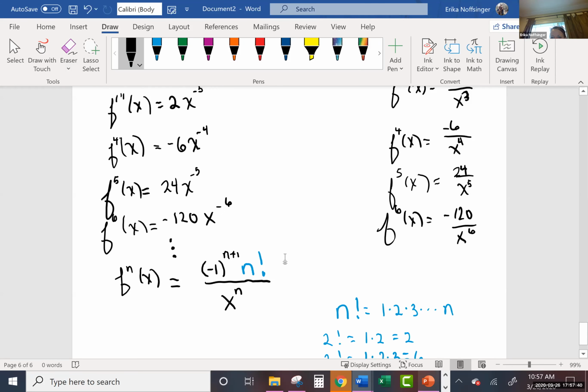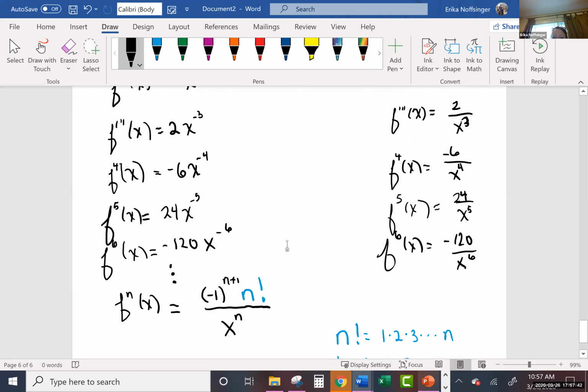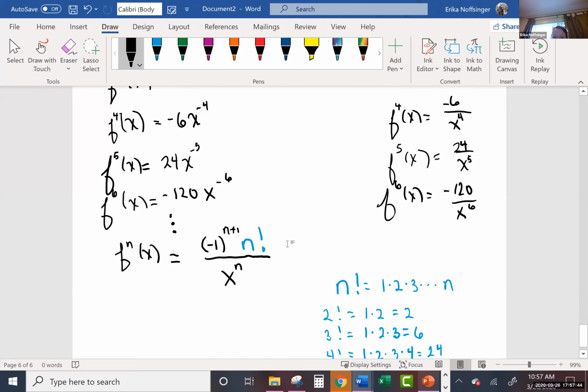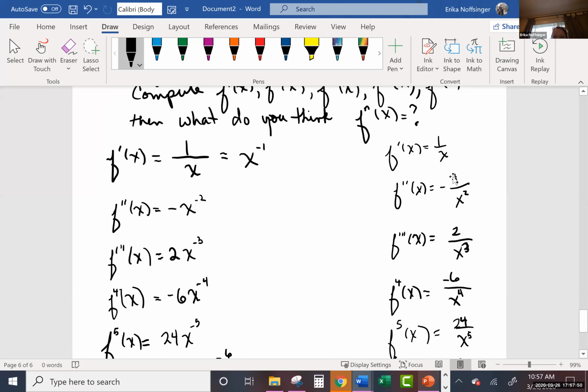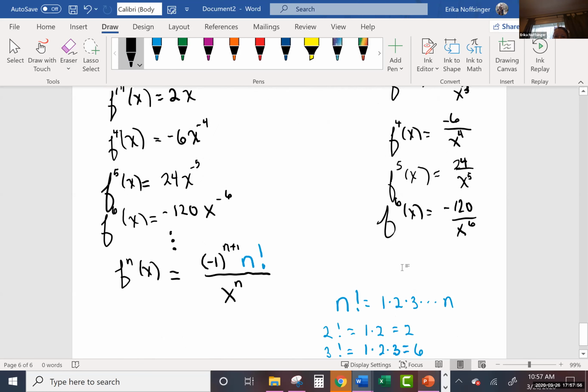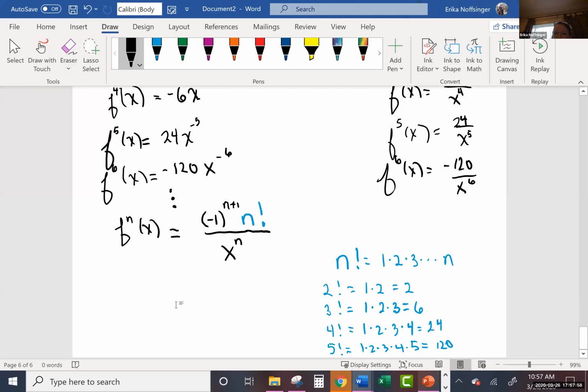Let me make sure, because I'm going to have to manipulate a little bit, since my first two terms are 1, 1. Then I get to 2 and 6. Okay, another rule for factorials is that 0 factorial is equal to 1.